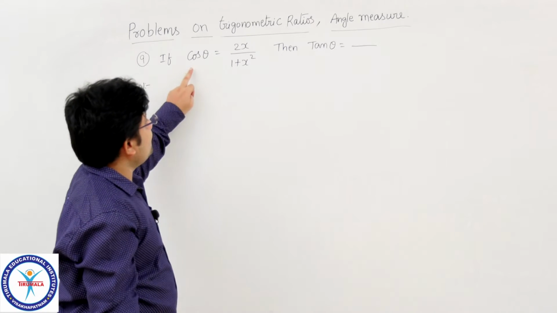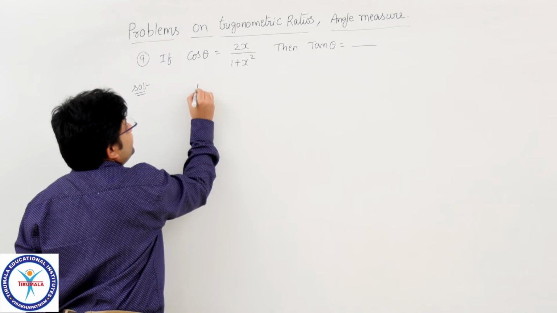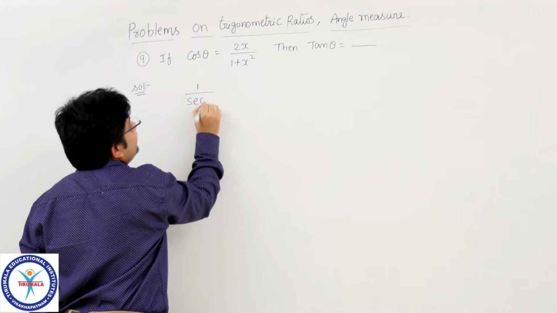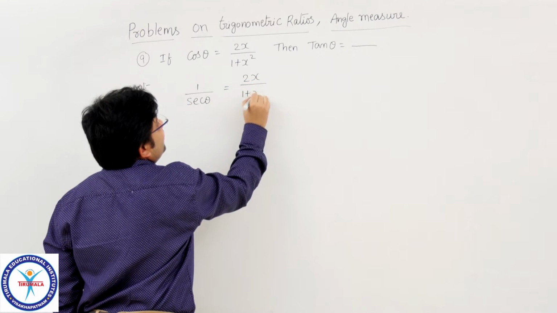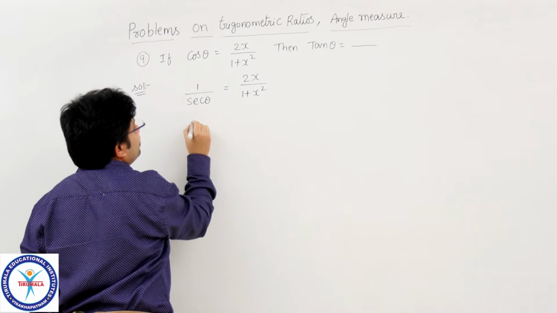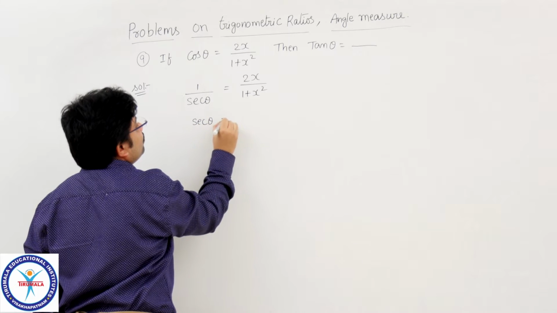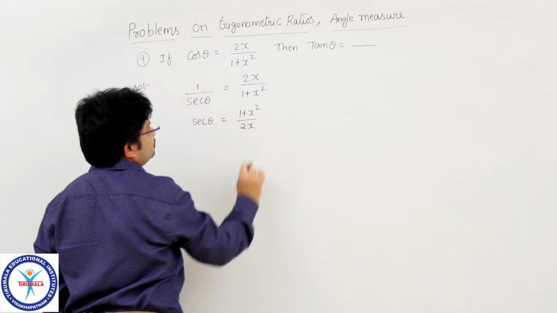Okay? What is the reciprocal of cos here? Secant. So, cos theta can be written as 1 by secant theta is equal to 2x by 1 plus x square. From this, what is secant theta? Do the reciprocal of this. Secant theta is equal to 1 plus x square by 2x.